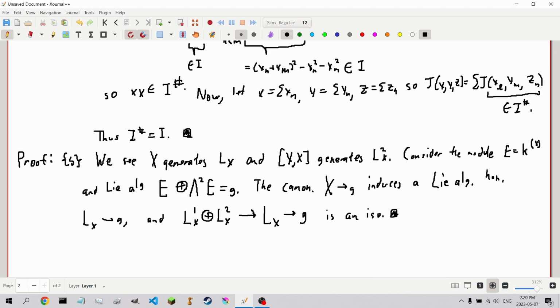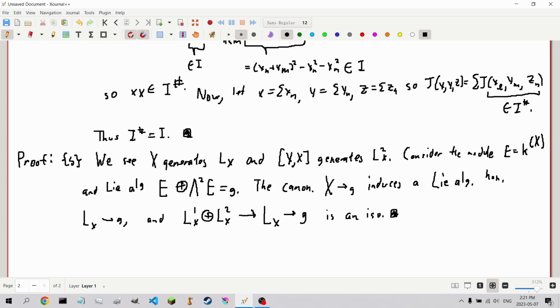So, I don't think we should start a new section yet. There's 2 things I want to look into. First off, what is this example they're referring to? Okay, first off, E, a few points of confusion for me I'm going to clear up. This E equals k to the x is the free k module with basis x.